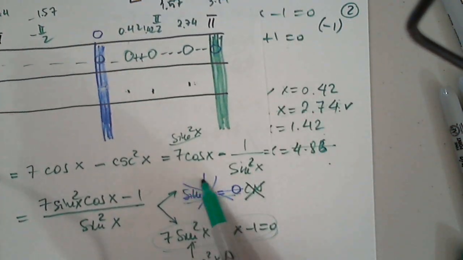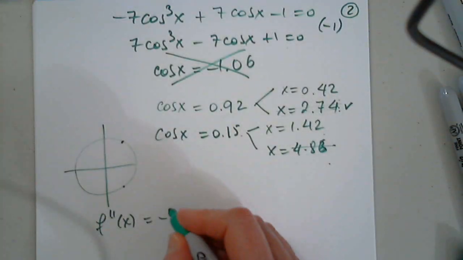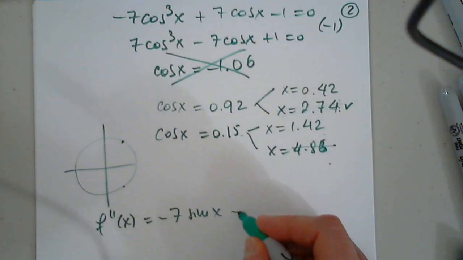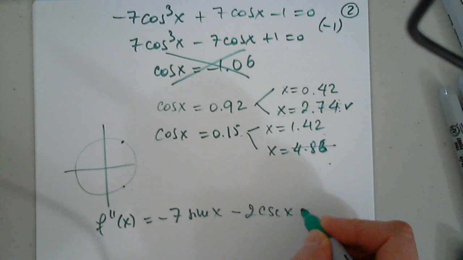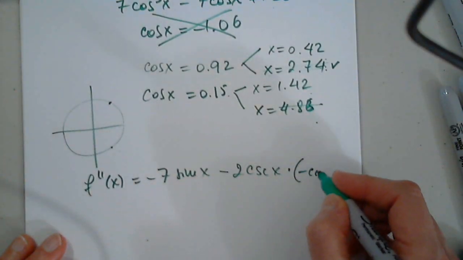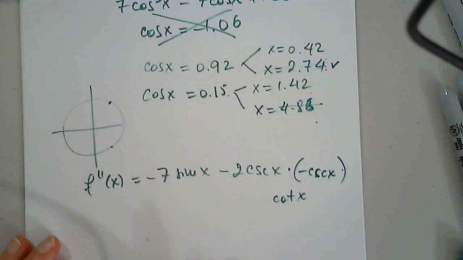So this is my first derivative. So I have negative 7 sine x. And now I have to differentiate negative 2 cosecant x, and cosecant prime is negative cosecant x times cotangent x.